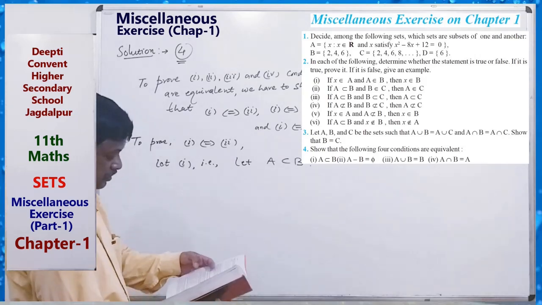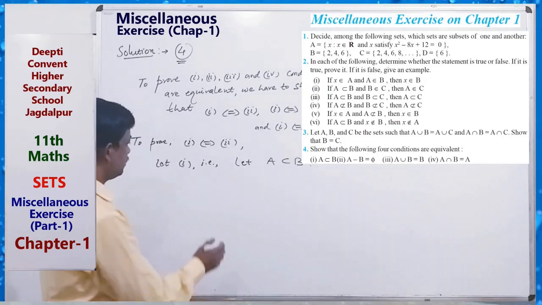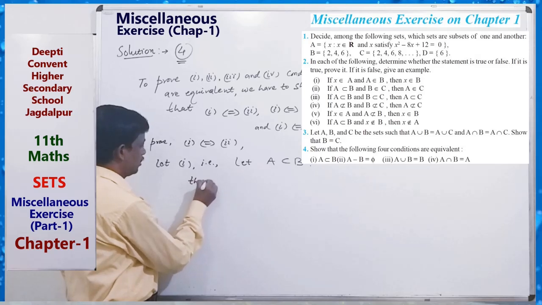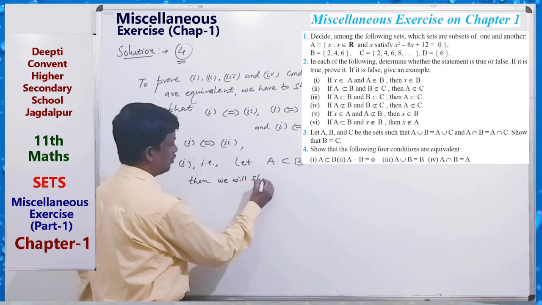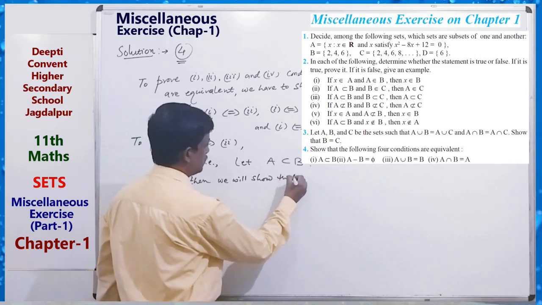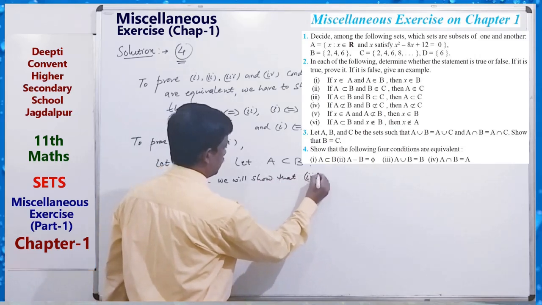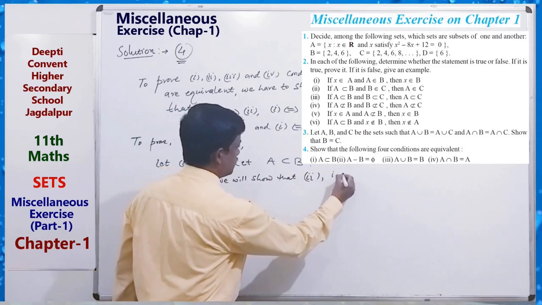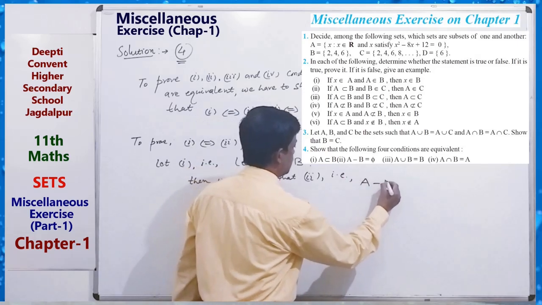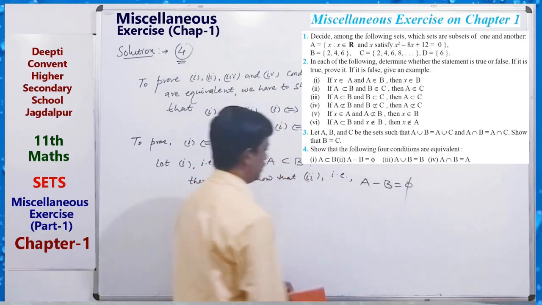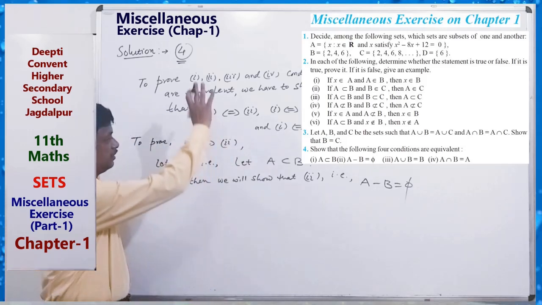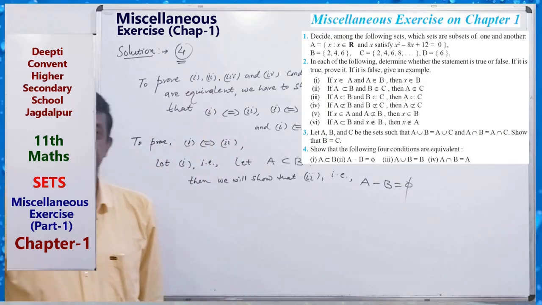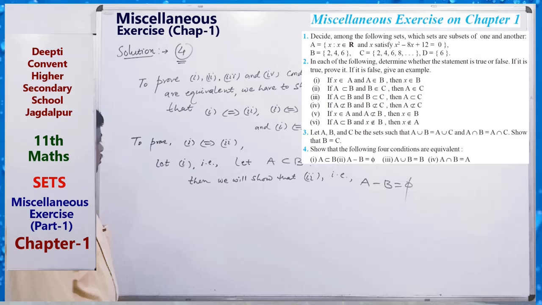Then we will show that second, that is A minus B equals to phi. Second is A minus B equals to phi. Okay, this is our logical expression.